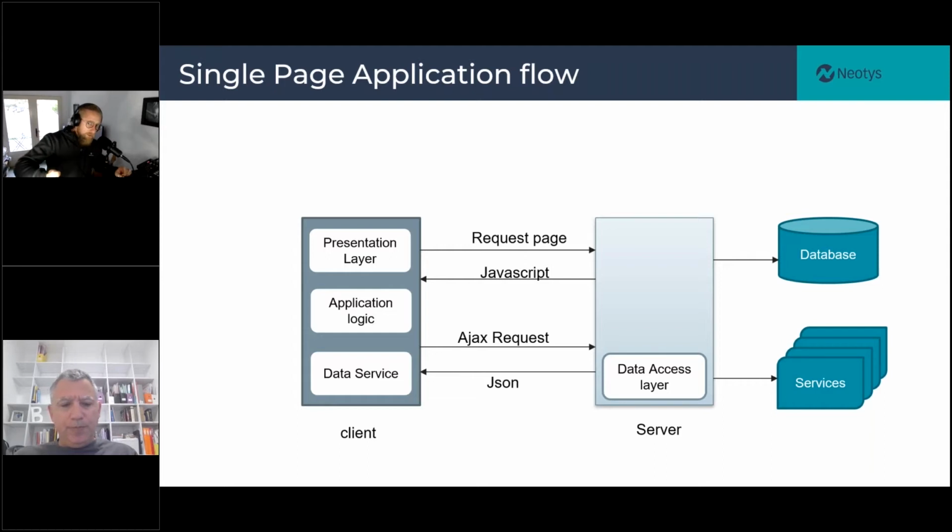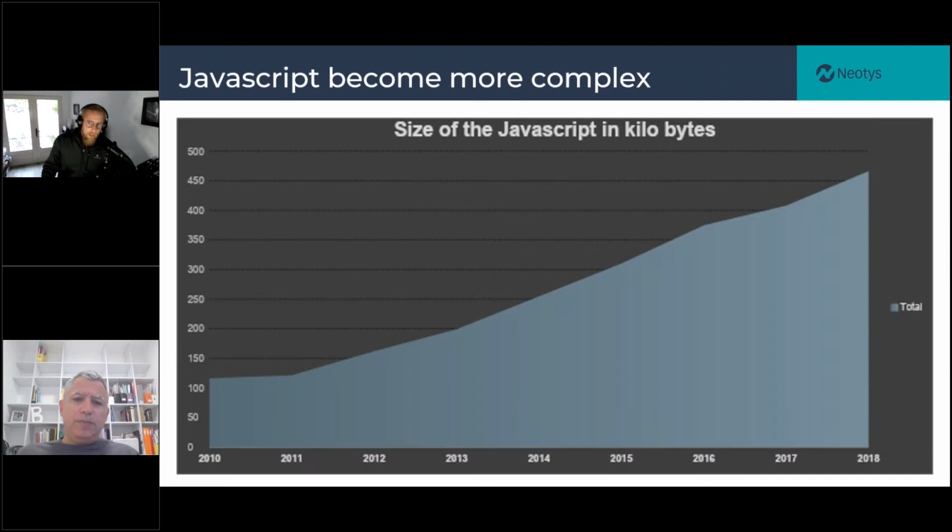The only thing the client will do is send some AJAX requests to get some content back, and the JavaScript does the rendering on the client. The consequence is that the size of our JavaScript has exploded in the last few years.